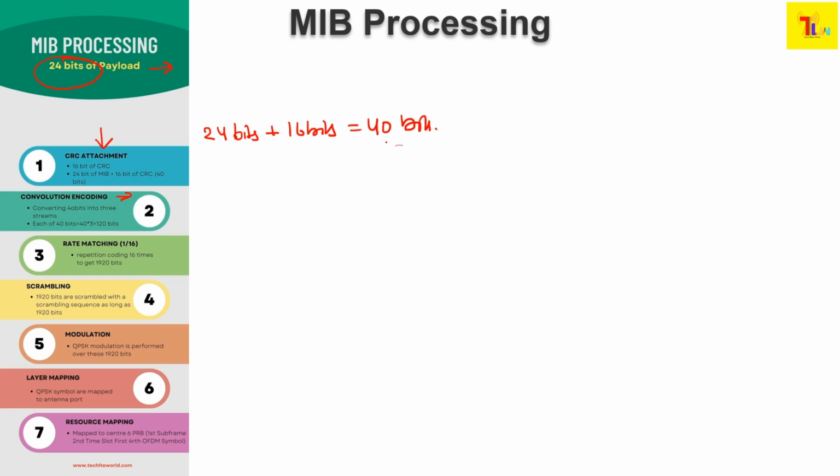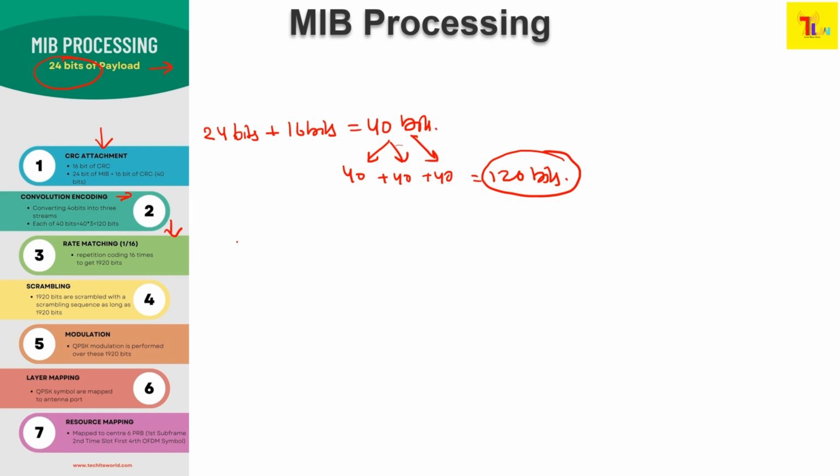So after convolution encoding, 40 bits plus 40 bits plus 40 bits will become 120 bits of information.